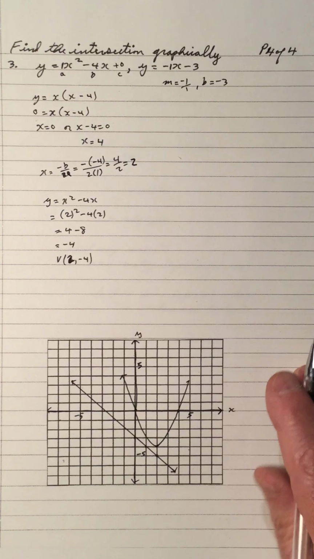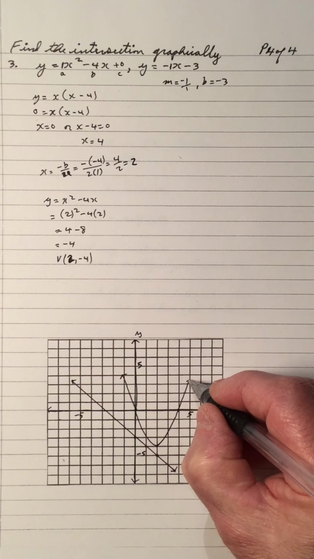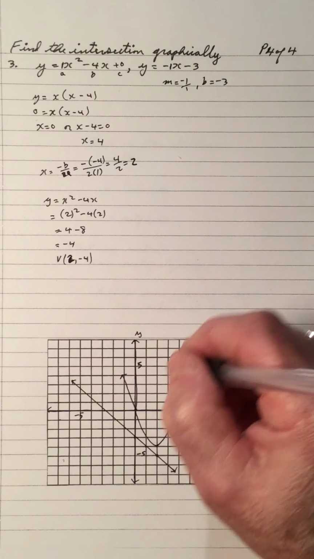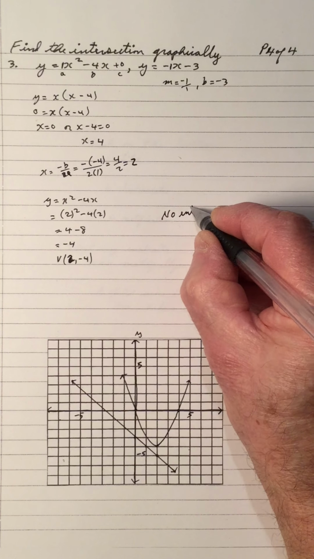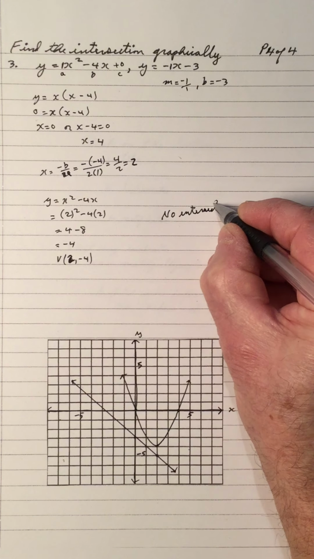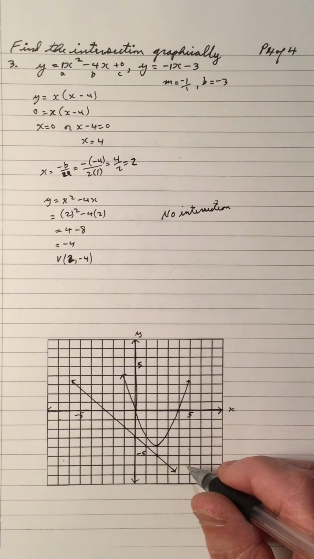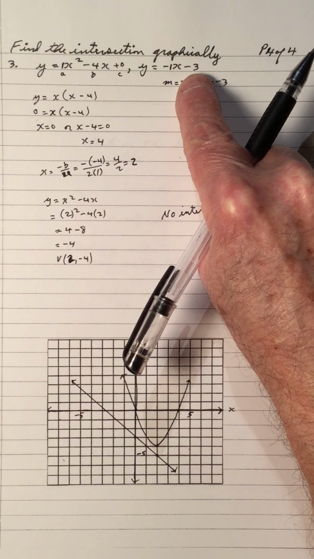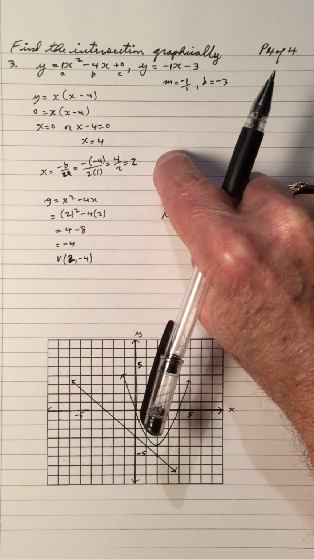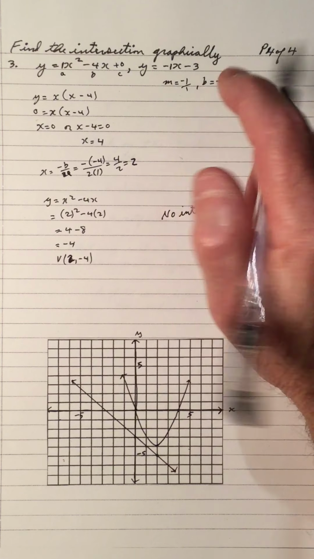And you notice that the line does not pass through the parabola, so there's no intersection, no points in common. That means if you were to solve these 2 equations algebraically, underneath the root you would get a negative number.